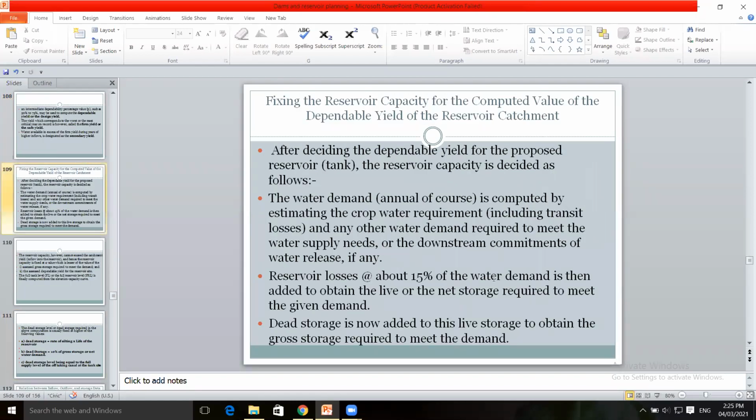So fixing the reservoir capacity for the computed value of the dependable yield of the reservoir catchment. How do we fix the reservoir capacity? By knowing the dependable yield of the reservoir.